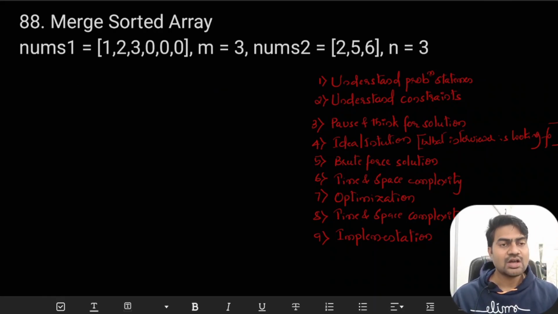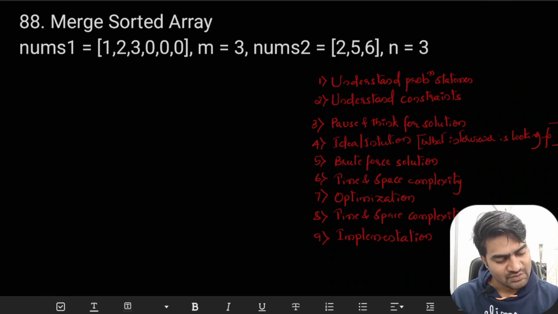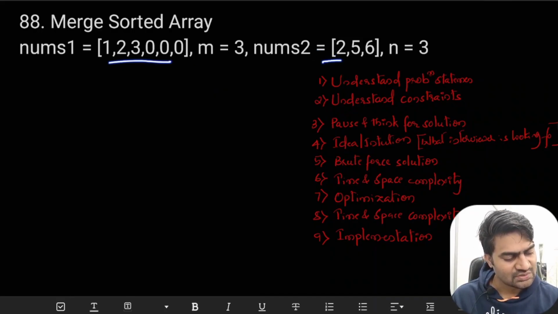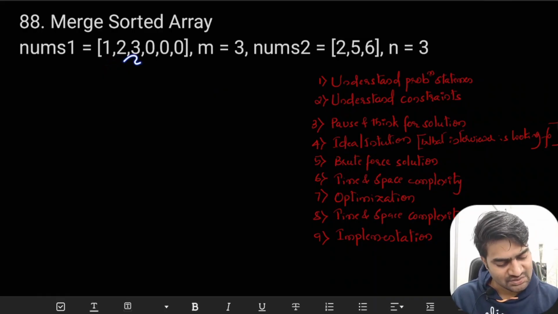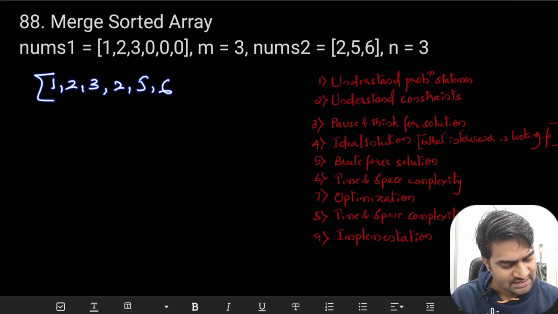So basically what we want to do is merge these two arrays and then have all the elements in their sorted order after the merge. With merging, it becomes something like this: 2, 5, 6. This is after merging.